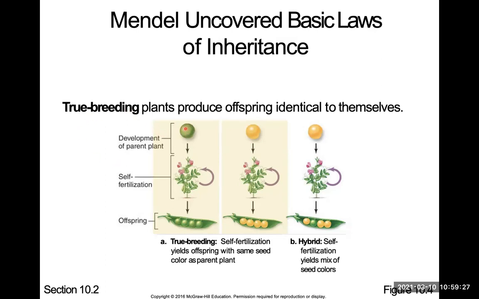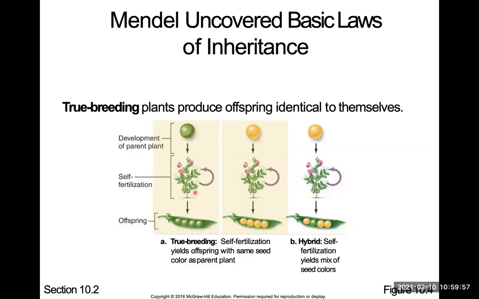So you have this pea plant that gives you green peas. If you keep doing self-fertilization, taking pollen from this plant and brushing it onto the same plant, over and over, eventually you're going to get a plant that only gives green peas. Self-fertilization gives you offspring with the same seed color as the parent plant.